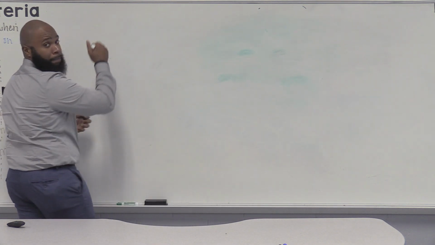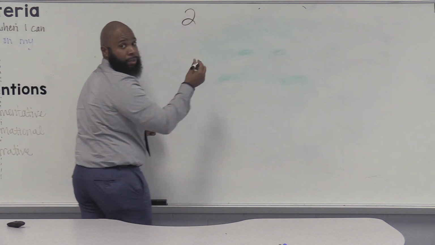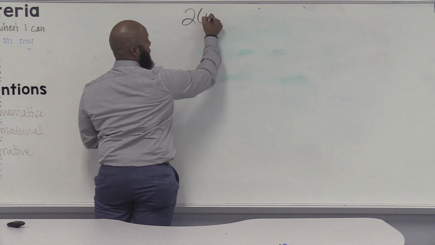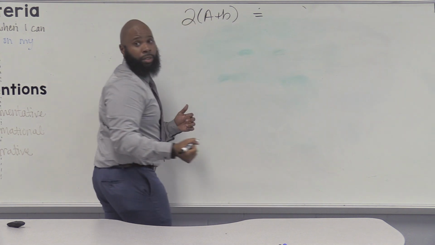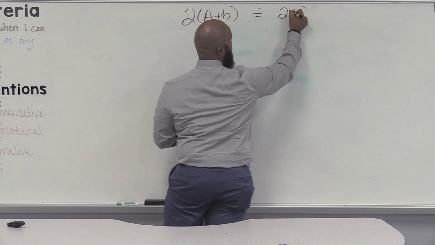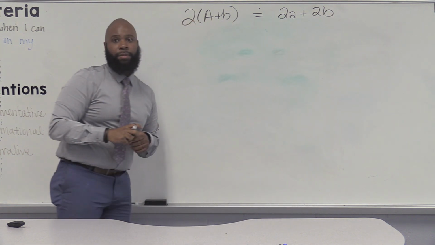So I just said that 2 times (A plus B) is equal to 2A plus 2B. We're going to prove this.